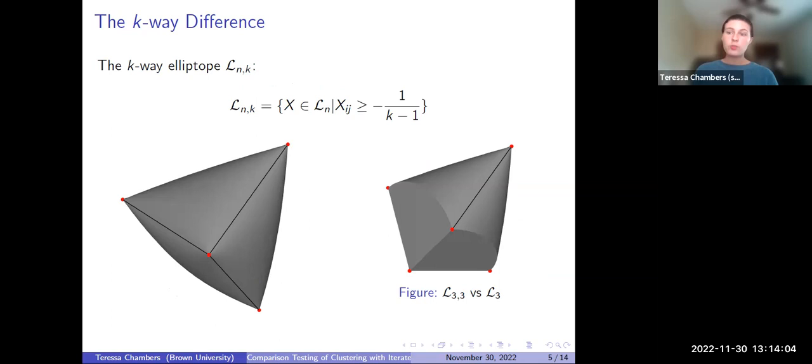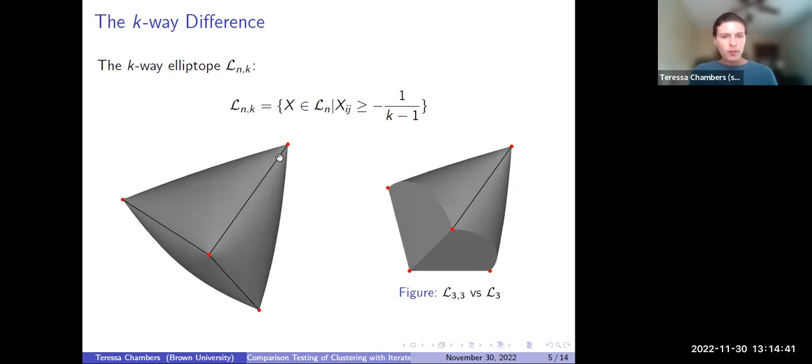But if I use k equals 3, now I've got that all xij have to be greater than or equal to -1/2. And so since we have for n equals 3, an object in 3 dimensions, 3 different degrees of freedom for the matrix, what that introduces is 3 planes that slice off the elliptope, 1 for each element.